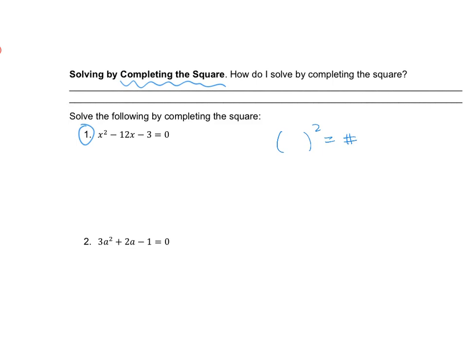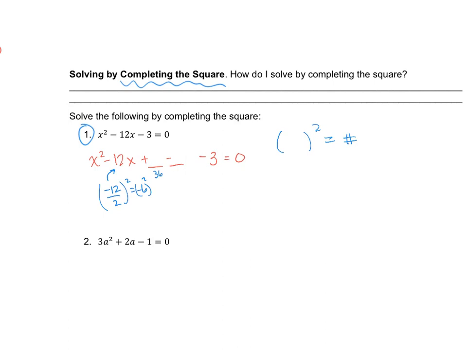So we're going to complete the square like we've done before. If you look at the first problem there, we're going to take out just the x squared minus 12x and let it hang out, and then you're going to add something minus something to complete the square. So remember, to make that perfect trinomial square, we take half of whatever the middle is, which will be negative 6, but then we have to square it.